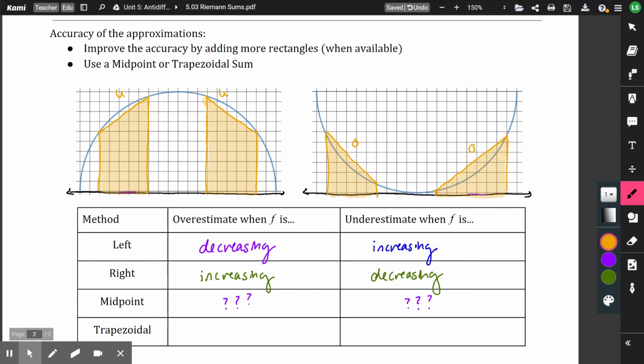So it's not about whether or not the function is increasing or decreasing that causes these approximations to be over or under. It's all about the concavity of the graph. We're going to have an overestimate whenever the graph of f is concave up, and what's happening is the secant line that gets formed between the 2 points is actually sitting above the curve itself.